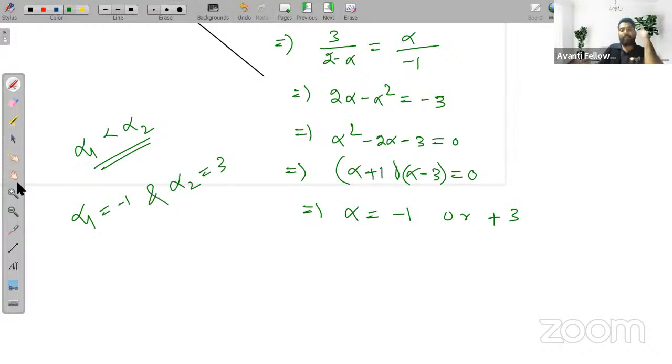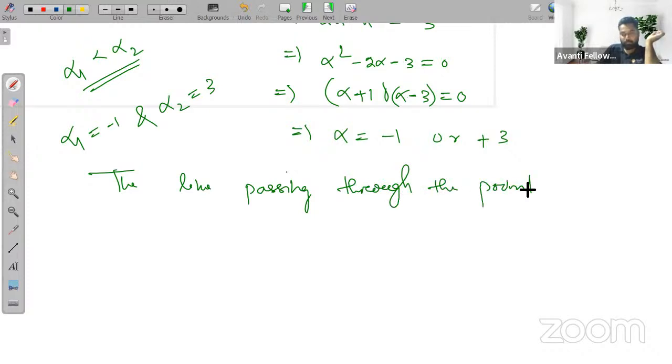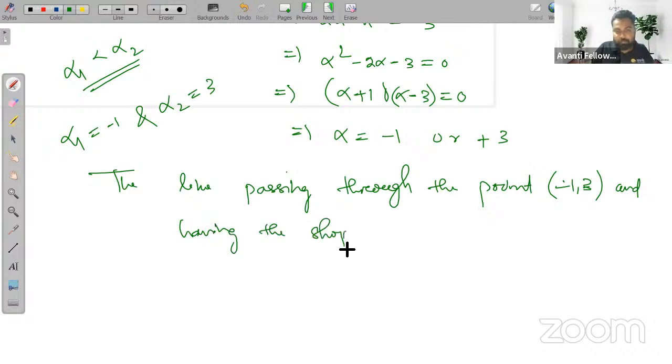Now, the line passing through the point minus 1, 3, and making an angle pi by 3 with the positive x-axis, and having the slope root 3. Tan of pi by 3 is root 3.